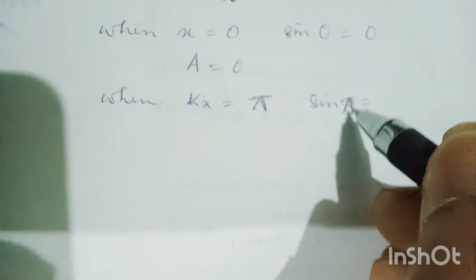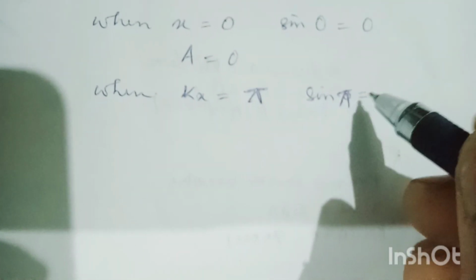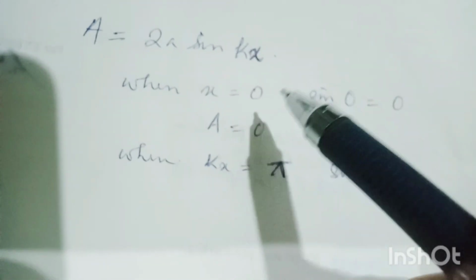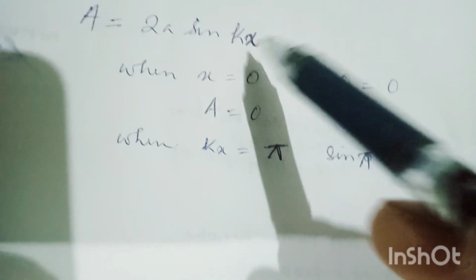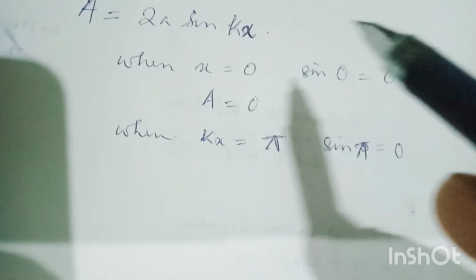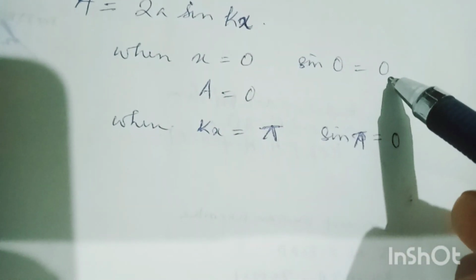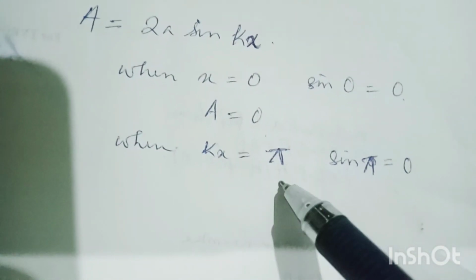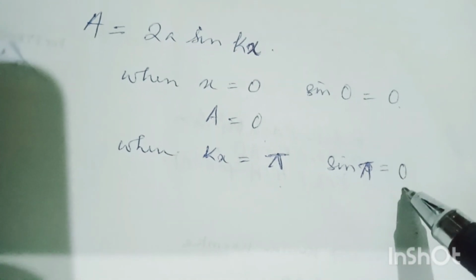When the value of kx is equal to pi, that is 180 degrees, the value of sin pi is also equal to 0. So at both conditions, when kx is equal to 0, sin 0 is equal to 0 and the amplitude will be 0, and when kx is equal to pi, sin pi is also equal to 0.